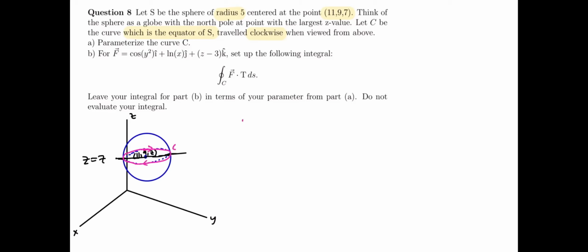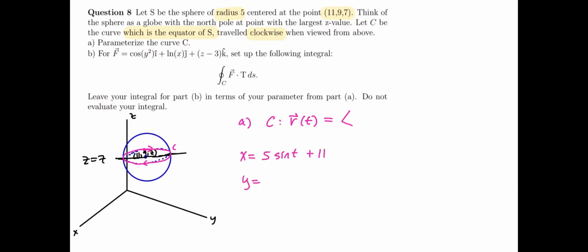Let's parameterize it. For part A, we're going to parameterize curve C. Let's describe it as a vector-valued function r of t. Since it's clockwise, we're going to use x to be sine and y to be cosine. Since it's centered at a different point, not at the origin, the x component will be the radius 5 times sine t plus the x coordinate of the center, which is 11.